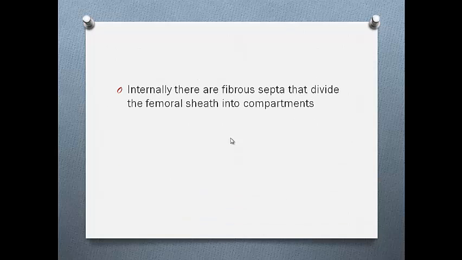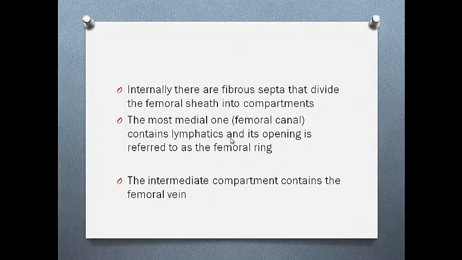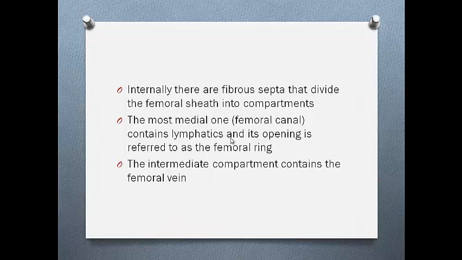Okay, so like we said, there are fibrous septa that divide the femoral sheath into compartments. Most medially you had a space called the femoral canal that contained lymphatics, and its opening was called the femoral ring. The middle compartment, like you saw in the picture, was where the femoral vein was found, and the most lateral compartment was the one that had the femoral artery.